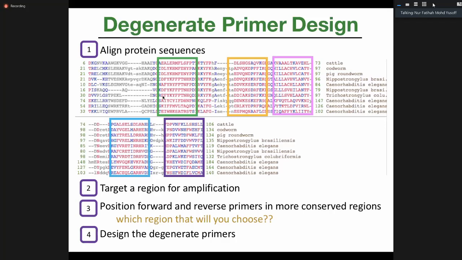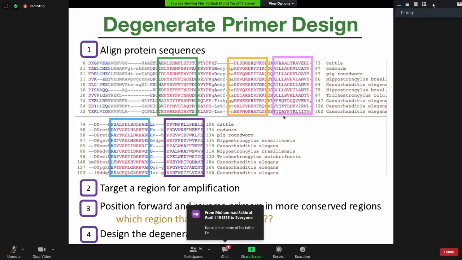Okay, Izani has decided to design the forward primer in the green box. And Nadira suggested to design the reverse primer in the yellow box. So can we design the reverse primer in the pink box? Yes. Yes?